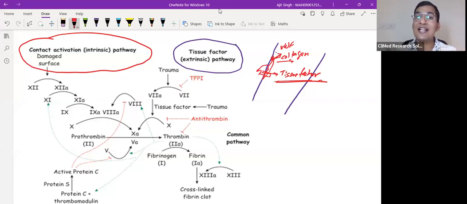When I'm talking about inside the blood, I'm talking about the circulatory system, right? And inside means the intrinsic pathway. So all the factors which are already available in the blood circulatory system, that is the intrinsic pathway. All the elements which take part in the clot formation or plaque formation go to the intrinsic pathway. That pathway of coagulation is called the intrinsic pathway.